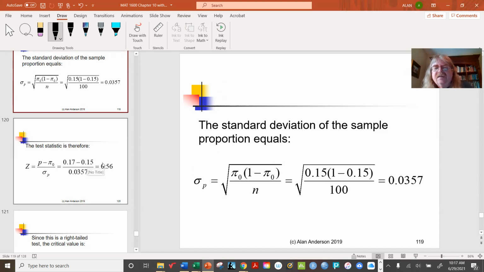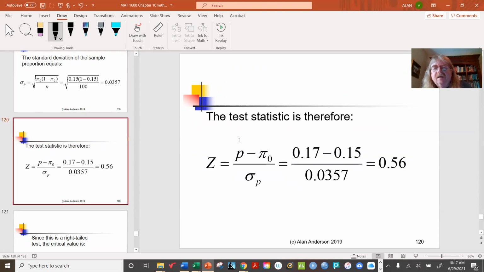All right, so having said all that, the actual test statistic is sample proportion minus hypothesized proportion over standard error. It's about 0.56. Now, that's not a very large number.